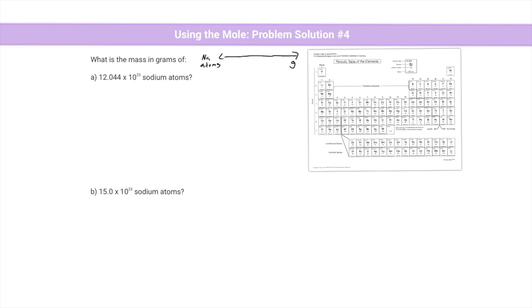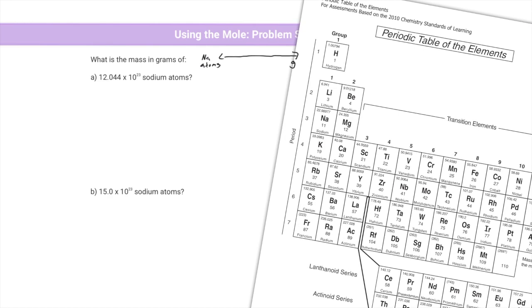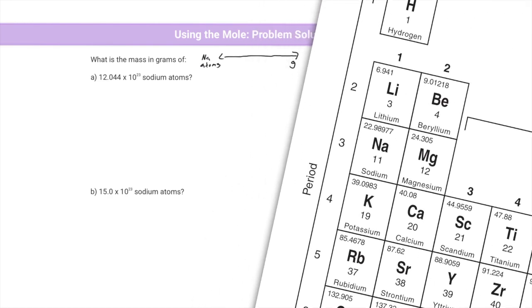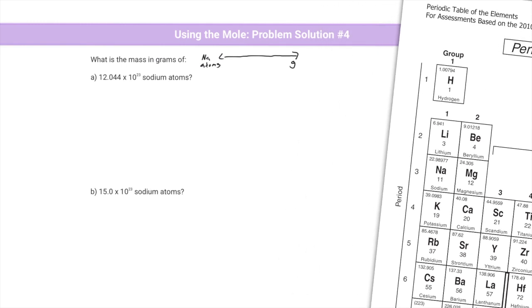Well, we're going to be needing our molar mass, which is 22 point, this one's got a lot of sig figs on it, 22.98977. And that's grams of sodium equal to 1 mole of sodium.